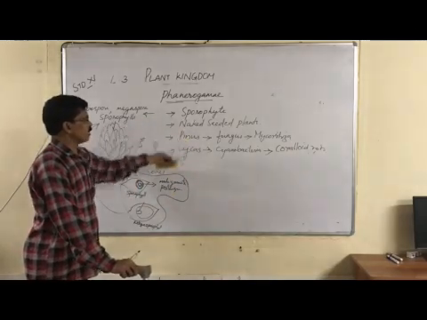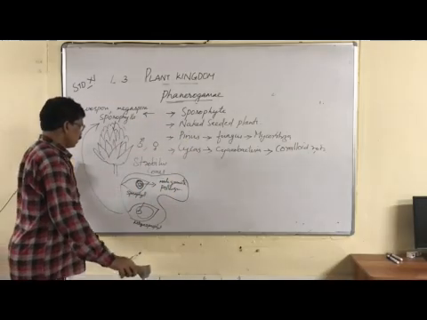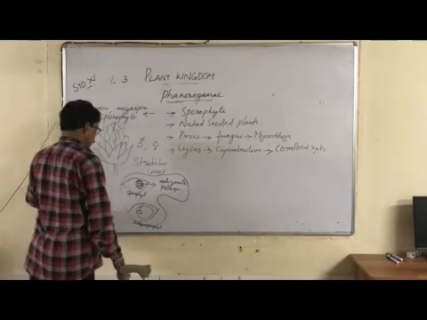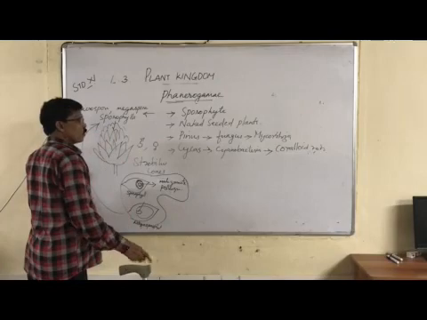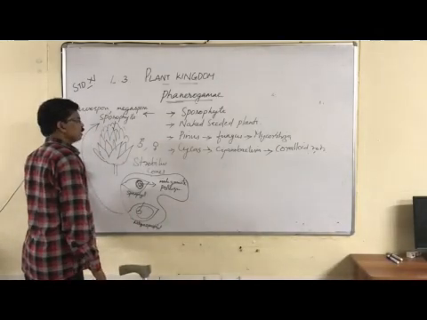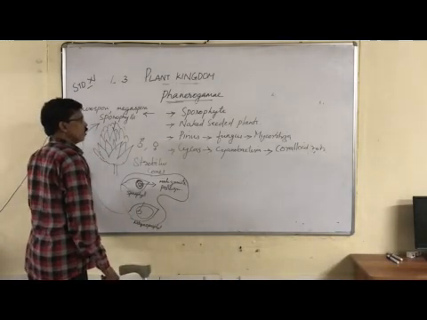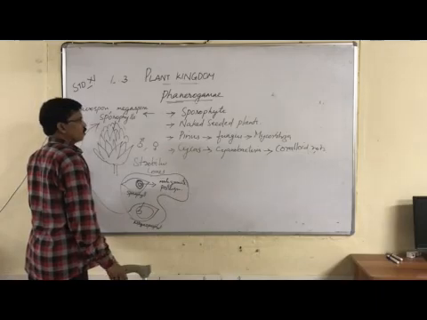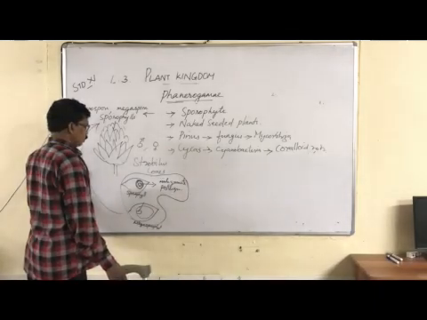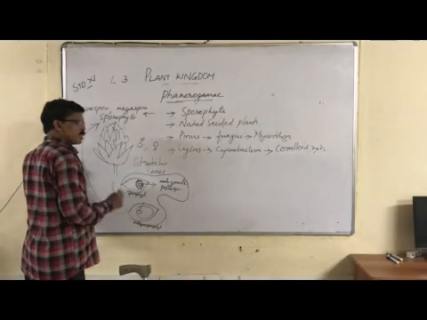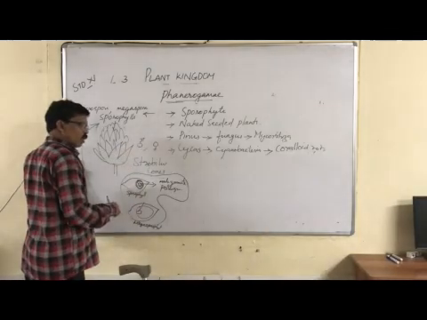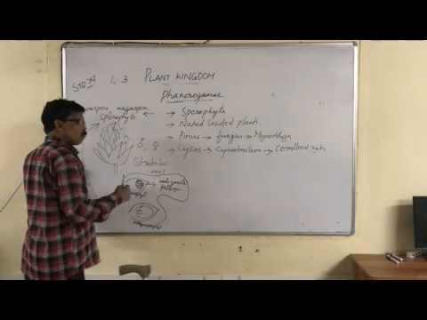They are called naked seeded plants because the seeds formed here do not have a fruit wall. So without the fruit, the seeds are naked. In angiosperms, you will study the details: seeds are formed from the ovule and fruits are formed from the ovary.